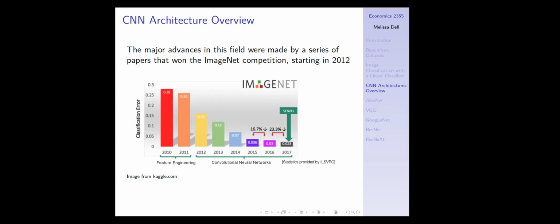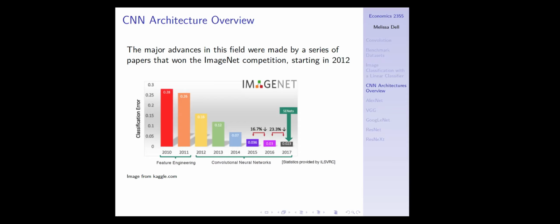So for the first 2 years, people just tried to solve this challenge using feature engineering, which means they hand designed the templates to try to extract useful features. And you can see it doesn't do great. This is top 5 accuracy, the classification error with top 5 accuracy.